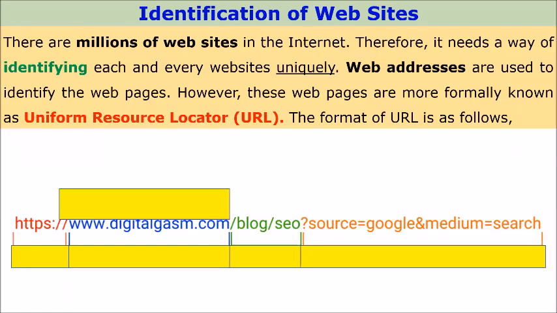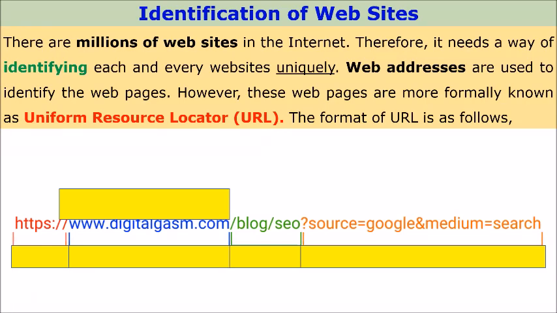Identification of website. Right, we need identification for websites because millions of websites are available on the internet. Then there should be a way to separate each of these websites. Then they are using a separate unique code that is called web address.